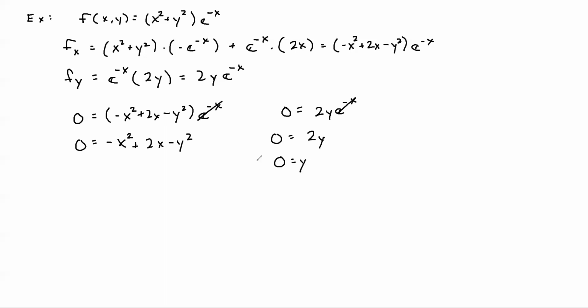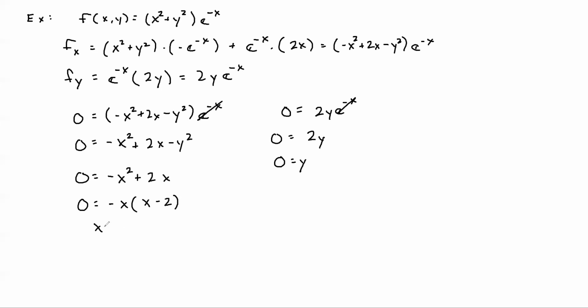Once we have 0 is forced to equal y, you could take that and plug it into the other equation. And what happens if y equals 0, we get negative x squared plus 2x. And so you can go through and solve that. We're going to get 0 equals negative x times (x minus 2).